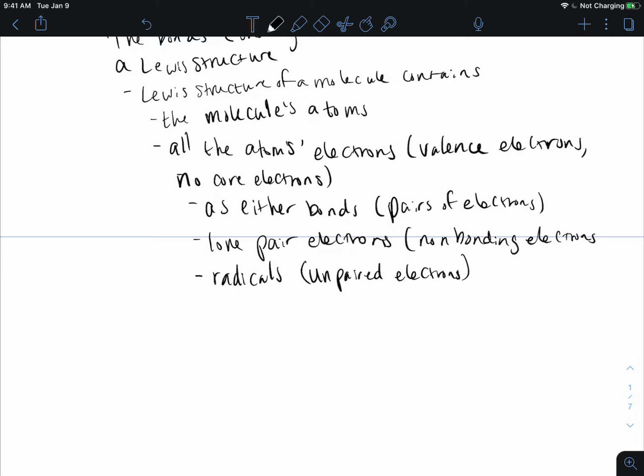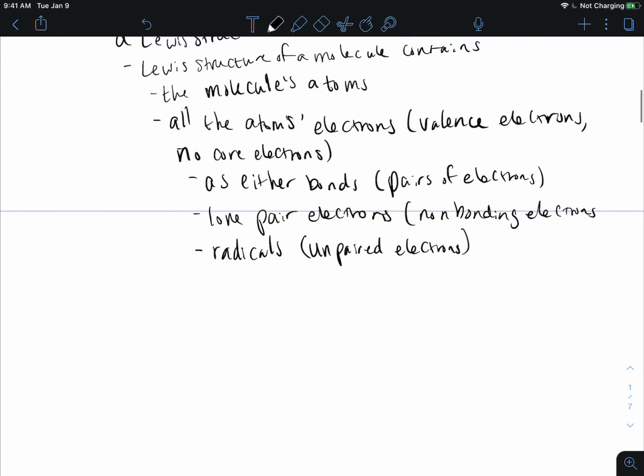And again, our goal here is to try and get a structure where the atoms within there have an octet, except for things like hydrogen. So we can look at something like NH3. If we were to draw NH3, we could start out actually with our Lewis dot structures.